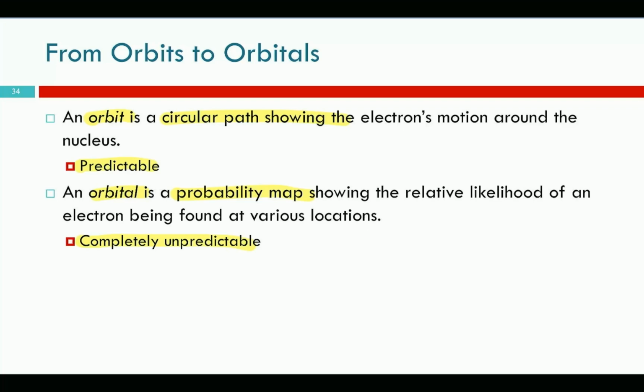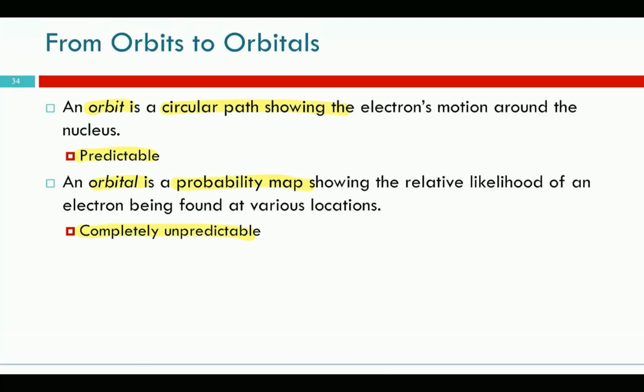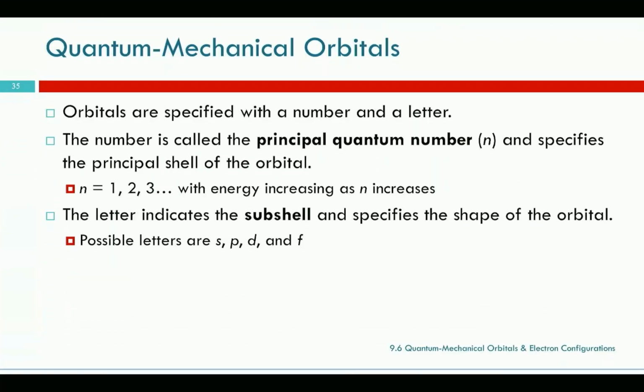This is where things get weird, because how is that possible? Quantum mechanics, quantum physics. So orbits, predictable, but orbitals are unpredictable. And when we talk about orbitals, we give them a specific number and a letter, and this is related to the crazy math that goes into calculating these probabilities. So the principal quantum number, we just call n.